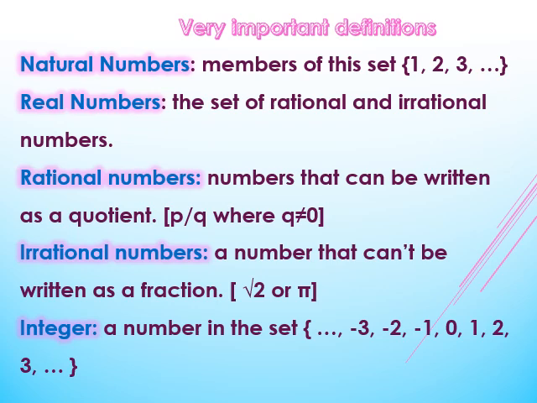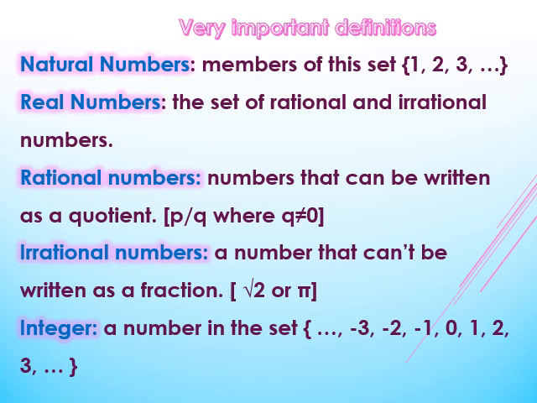Rational numbers can be written as quotients, with a numerator and a denominator, which are fractions, like p over q, or 2 over 3, where the denominator is never equal to 0. Irrational numbers are numbers that cannot be written as a fraction. Any number that cannot be written as a fraction is called irrational, which is the opposite of the rational number.